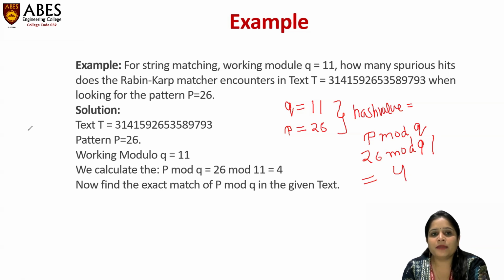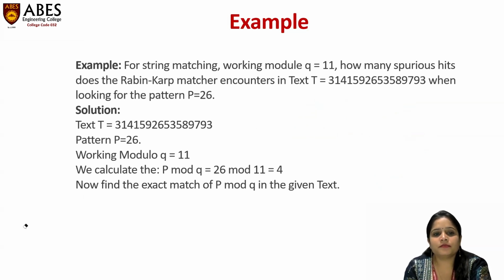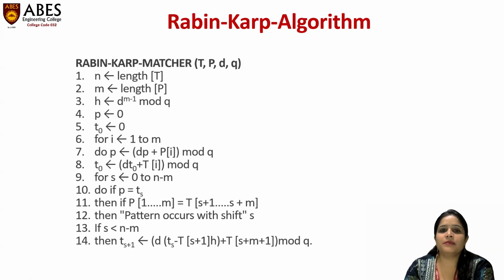As per the Rabin-Karp string matching algorithm, first we compute the hash value. Now, one by one in the given text array, we match our hash value. This is the Rabin-Karp string matching algorithm. First we discuss the approach, and after that we see the algorithm.